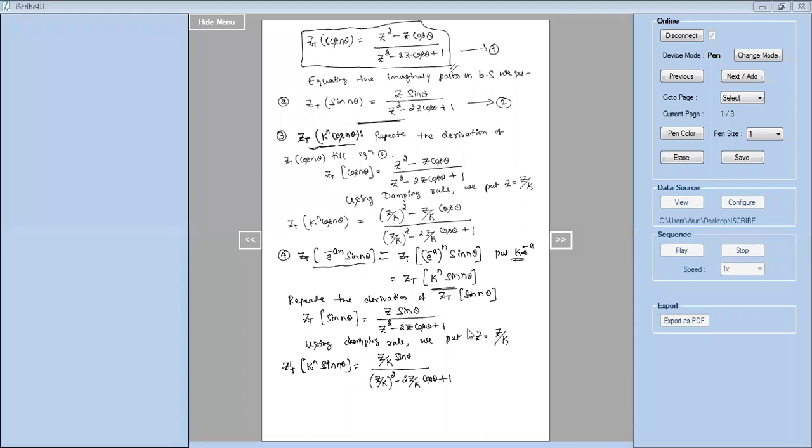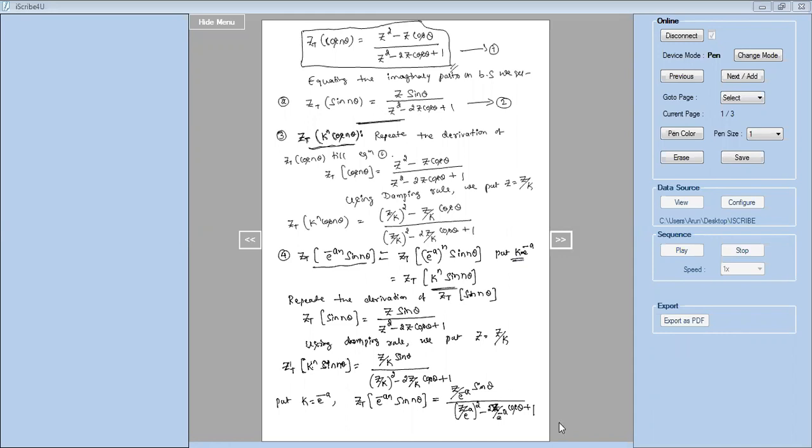But here you know k stands for e power minus a, so let us use that. So put k is equal to e power minus a, we get the z transform of e power minus an into sin n theta equals z by e power minus a sin theta divided by the denominator z by e power minus a whole square minus 2z divided by k, which is e power minus a, cos theta plus 1.